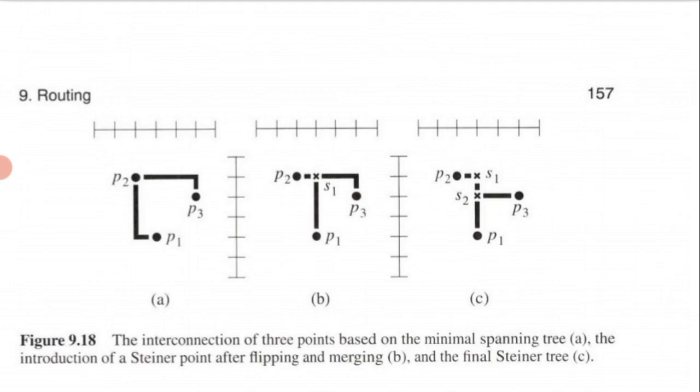From p2 to p1 through the S point there is an interconnection, and for the p2 p3 connection we mark it and put it as s1. Also from s1 to p3 there is a connection, which we flip as well. In the last figure it is represented as s2, just flipping the s1 to p3 connection, and we get another point s2. That is the second Steiner point.